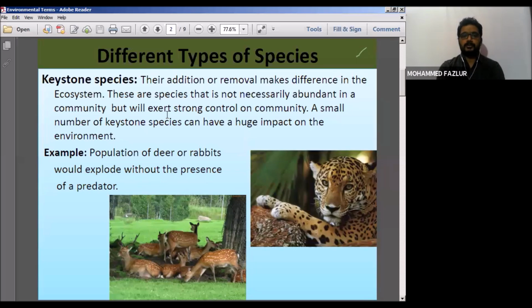For example, take a food chain or a pyramid. In the food chain pyramid, the topmost species are basically carnivores like lion, tigers, cheetah, panther. So these are the topmost carnivore species.